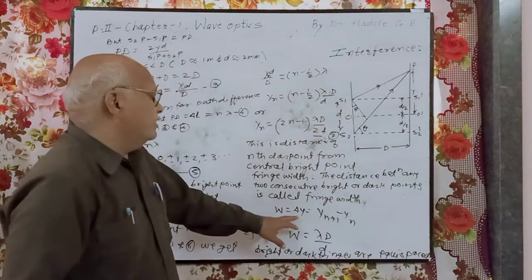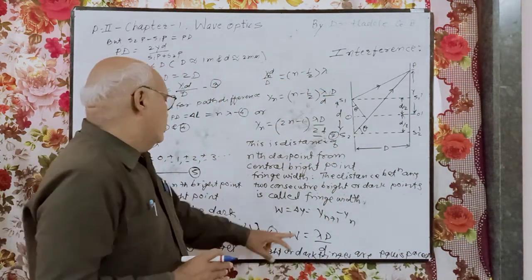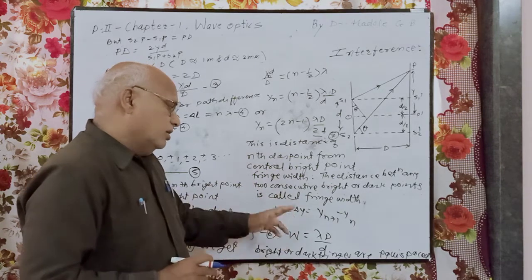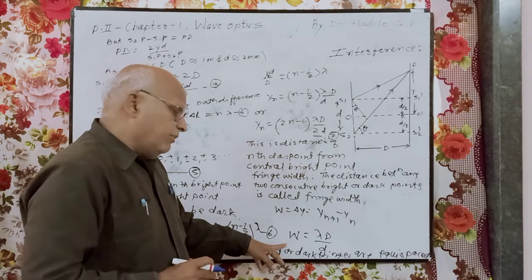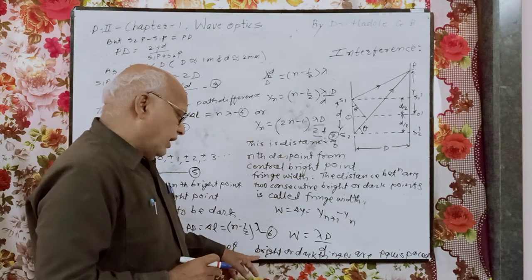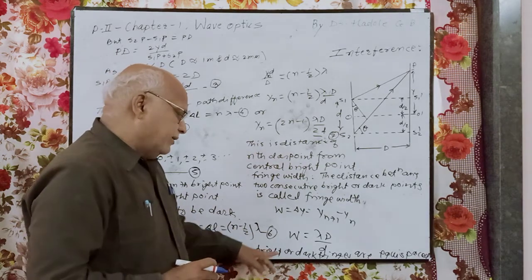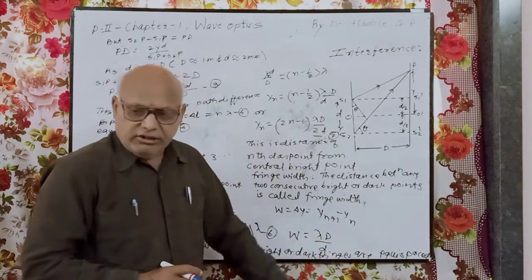If we determine the value delta Y for bright or dark points, then it is the same. We will get the same expression, and from this we write that the bright or dark fringes are equispaced.